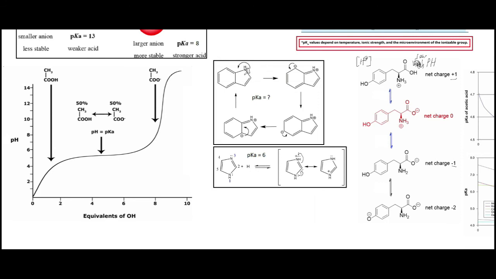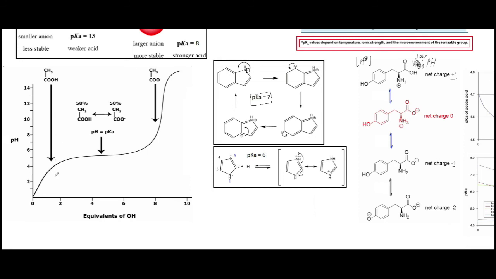And so this ring is aromatic all the way around. And that's why this nitrogen here will not pick up an extra hydrogen. So I have pKa equals question mark here because there is not a pKa for this nitrogen. And you can see how the resonance of this involves the lone pair on this nitrogen in the aromaticity of the tryptophan side chain.